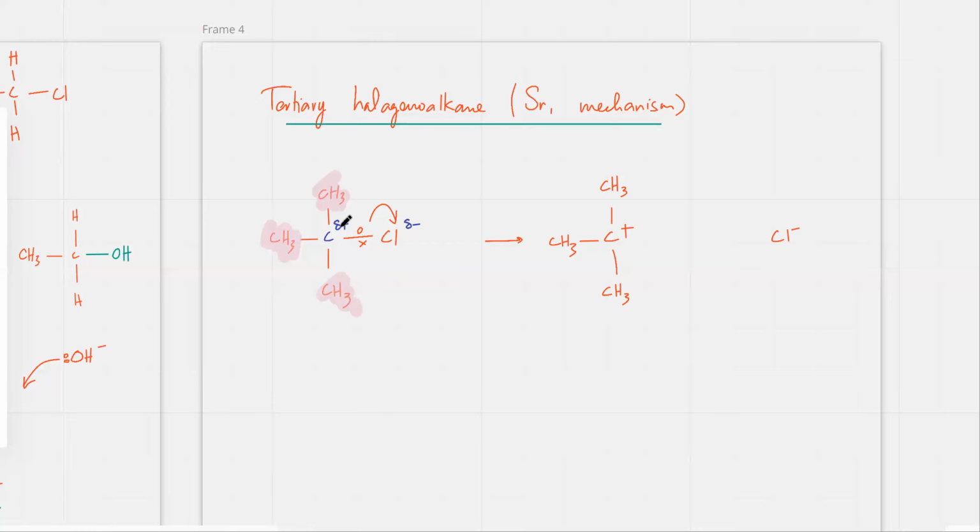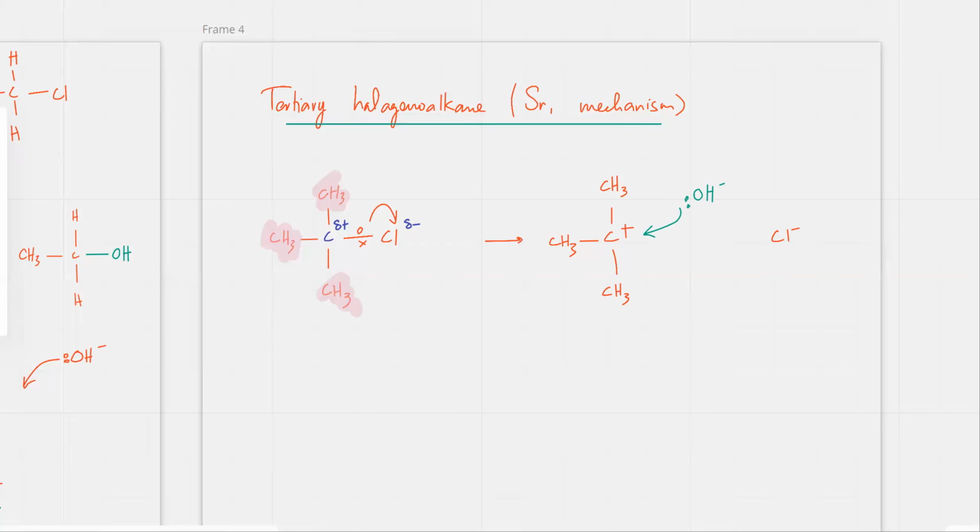The OH- nucleophile will find only a little attraction for that carbon in the middle because it's got a small positive charge. So the carbocation would be very stable. And now the OH- would come in. Now it's got a full positive charge. OH has these lone pairs, and they're going to get pulled in now. And that's when the reaction would be complete.